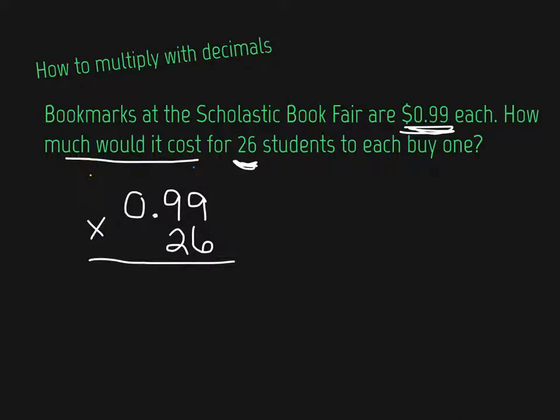So we're going to do our multiplication. 9 times 6 is 54. 54 plus 5 is 59. So that would be a 5. No decimal points yet. Go down to our next row, bring your placeholder 0. 9 times 2 is 18.